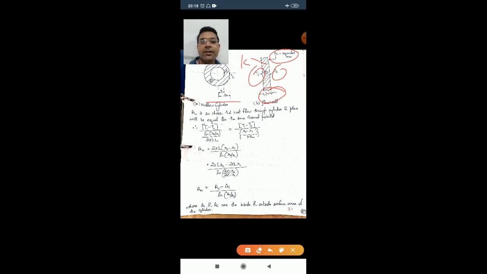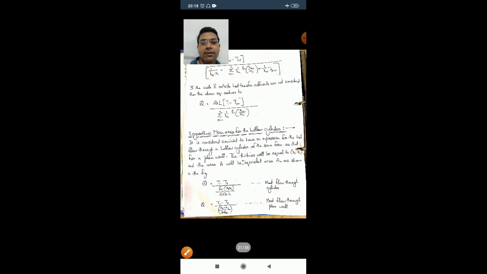So students, I think the diagram must be clear to you. Moving one slide back. As you know, heat transfer through the cylinder is given by this equation, and for the wall it is given by this equation. Now we have assumed that heat transfer must be the same.